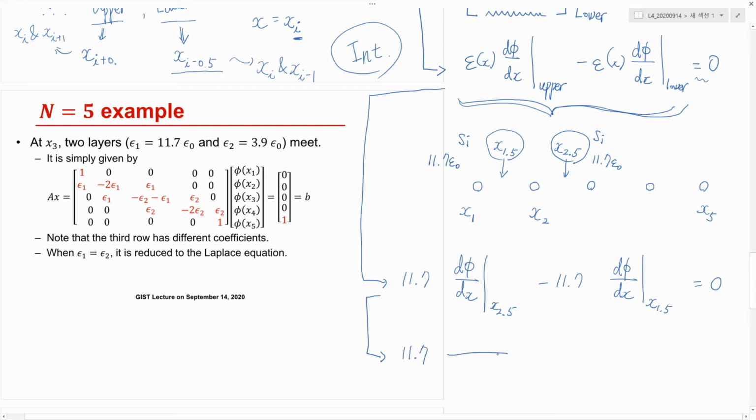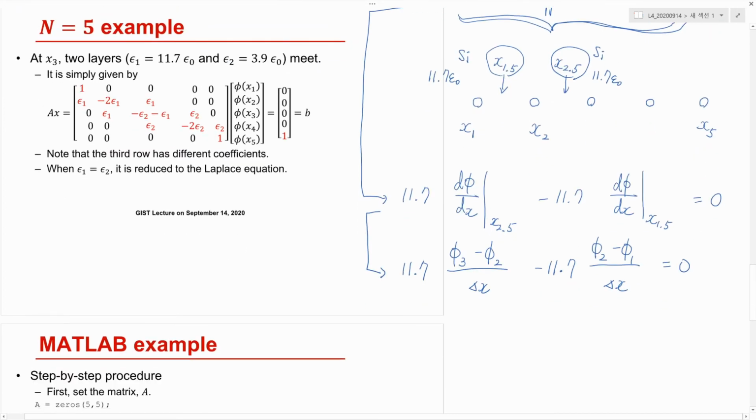We just did it before. Phi at 3 minus phi at 2, divided by delta x. That's it. And 11.7 times phi 2 minus phi 1 divided by delta x. That is the discretized form of our Poisson equation evaluated at x2.